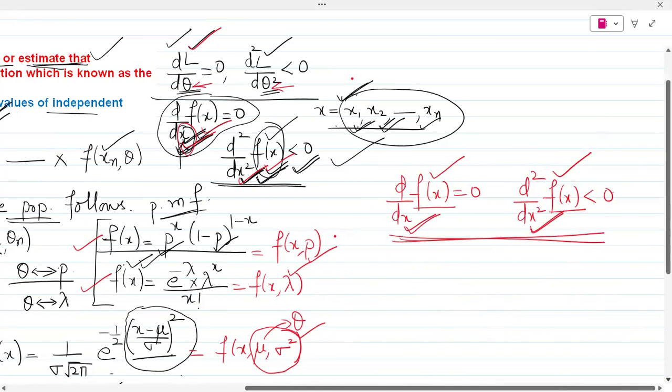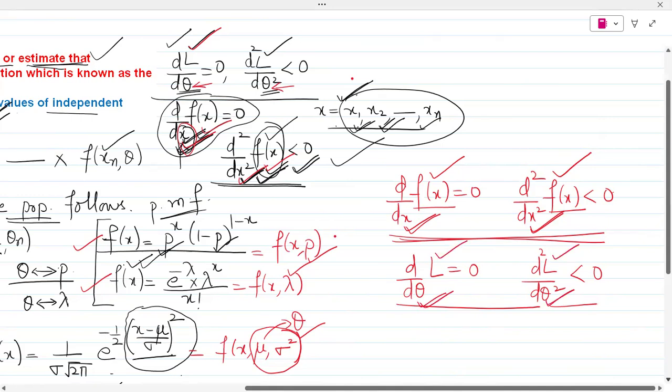And d/d theta of L equal to 0 and d squared/d theta squared of L negative: these two expressions give us those values of the unknown parameter theta which maximize L, the likelihood function.